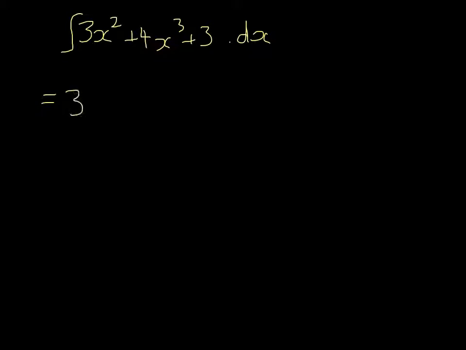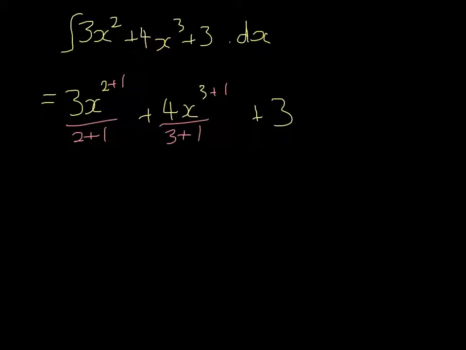So we go 3x to the power of 2, and then we go plus 1 on that and divide it by the 2 plus 1. Then we go plus 4x cubed. Again, we need to add 1 to the power, and we'll divide by 3 plus 1 in here. And then we have our plus 3. And that's really 3x to the power of 0, so we're going to go 0 plus 1, and we'll divide by 1. And then we can't forget our plus c on the end.